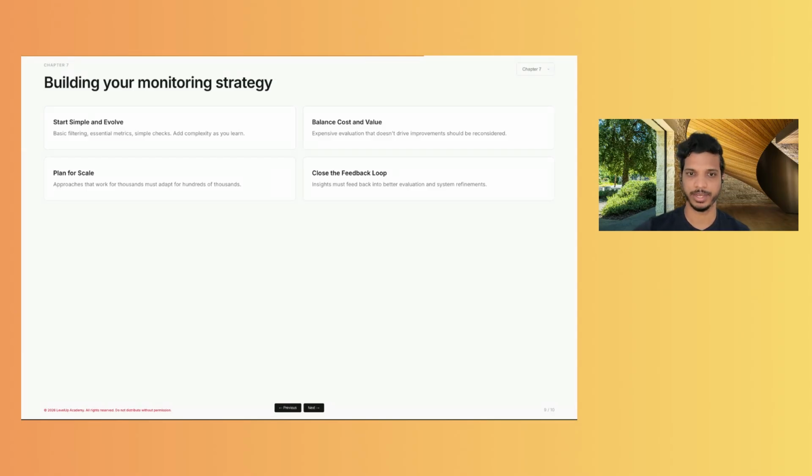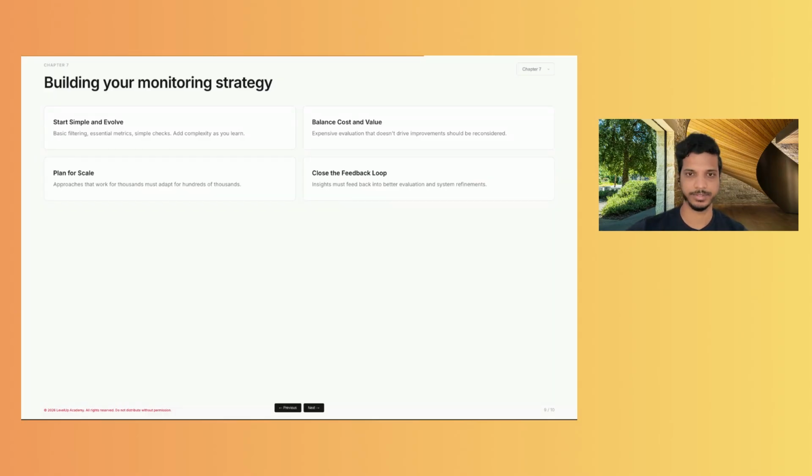It's not just about false negatives where you are missing some of the harmful interactions, but it's also the cost of false positives. As you have more and more false positives in this log filtering because of your metrics, you are diverting the human's attention away from product building or looking at actual valuable cases. So this is why it's recommended to start simple and then evolve as you go on.